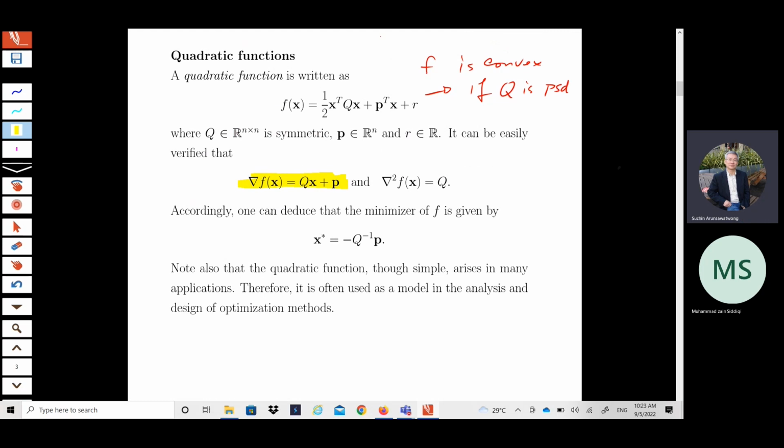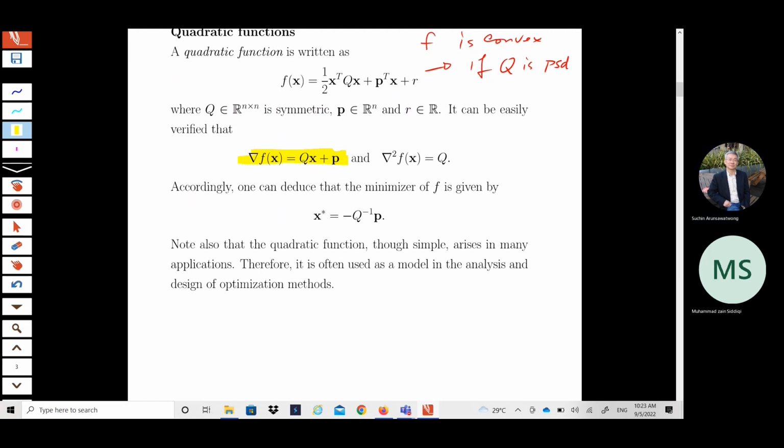When Q is positive definite, what is the consequence of the fact that Q is a positive definite matrix?